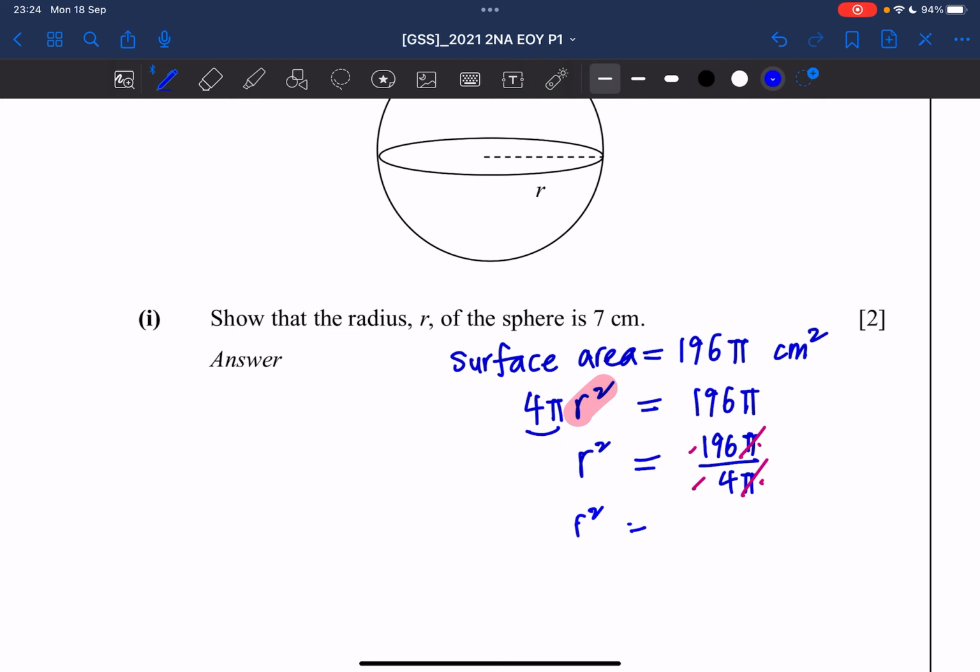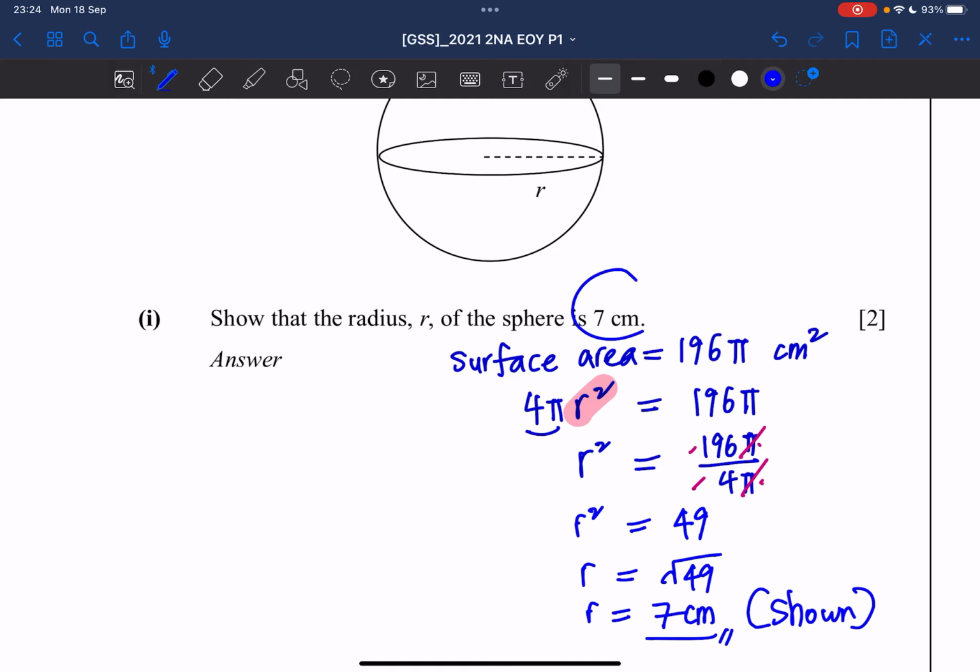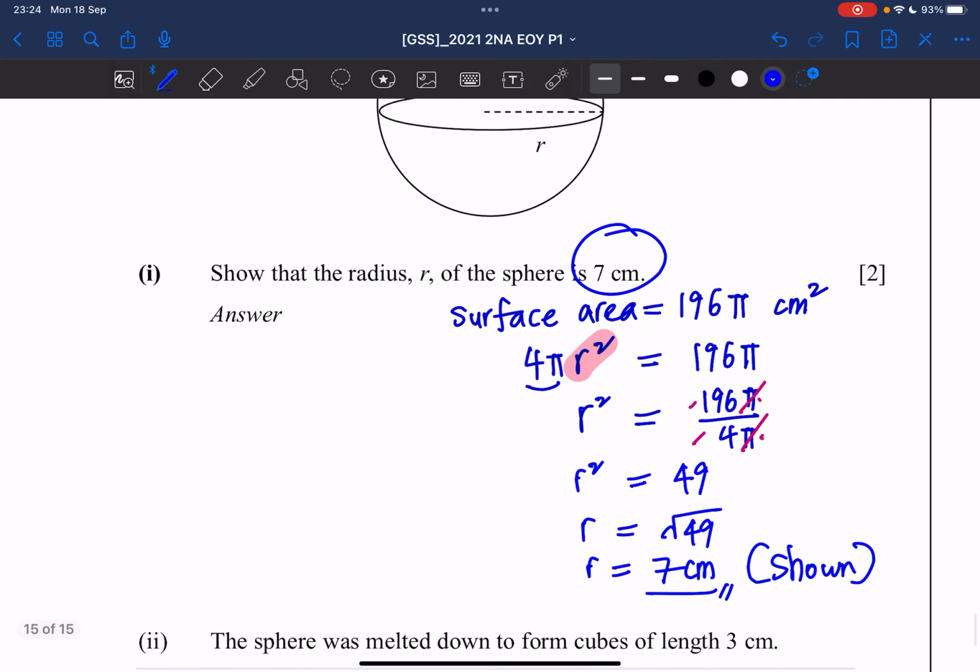So r square equals to 49. So your radius is equals to square root 49. r is equals to 7 centimeter, which is shown. Because they want you to show that your radius is 7 centimeter.